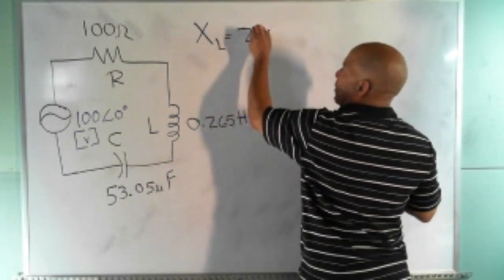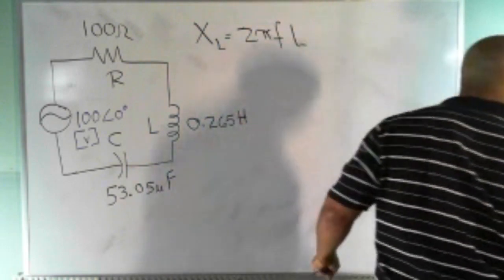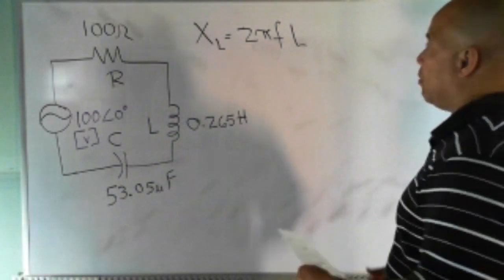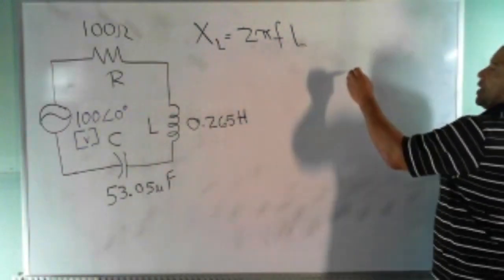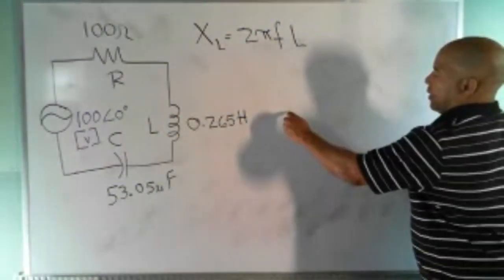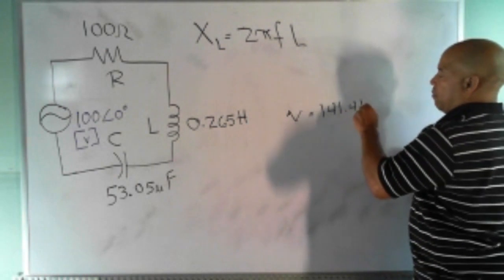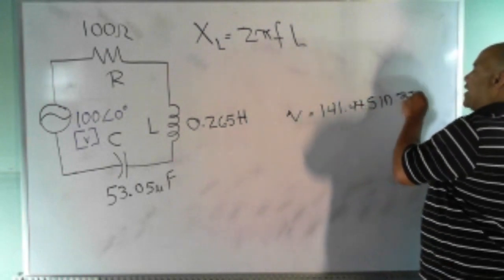It must have given me the frequency here. Let me see. Oh, you know what it is? I don't need that. Remember, in my original formula, they gave me V as 141.44 sine 377t.